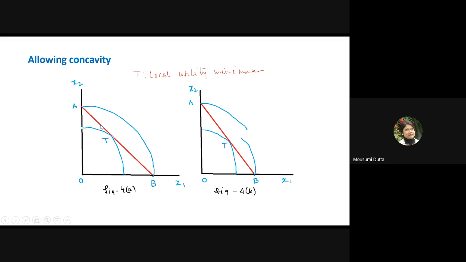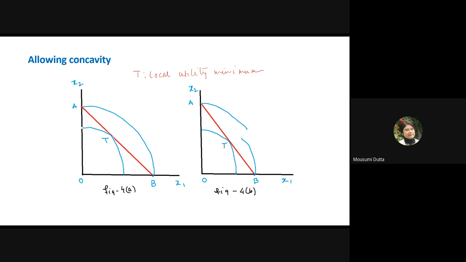As we move towards A or towards B, my utility will increase. In the second diagram too, if we move towards A or towards B, my utility will start increasing because I don't like to consume x1 and x2 together.